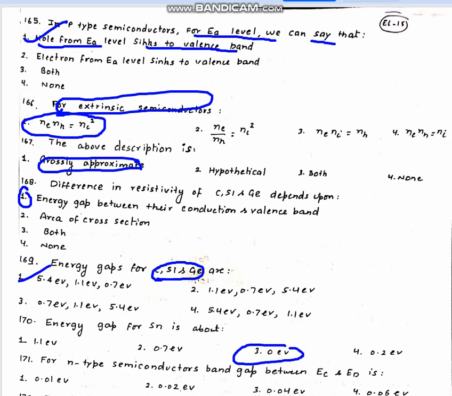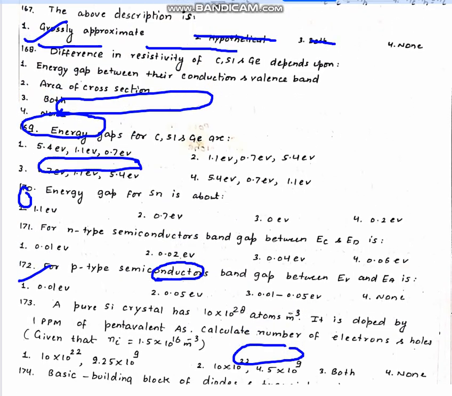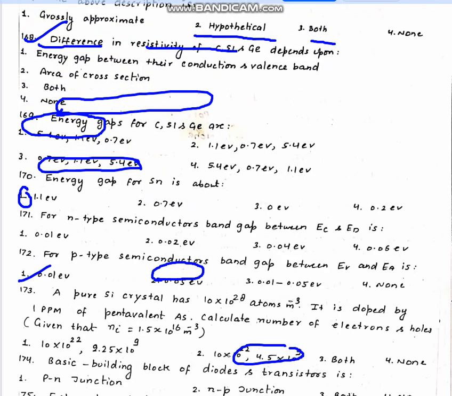Next is for N-type semiconductors, band gap between EC and ED is. So the band gap for N-type semiconductors, so the gap between EC and ED is about 0.01 electron volt.